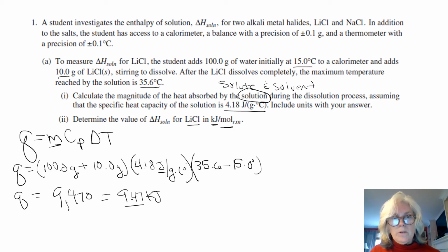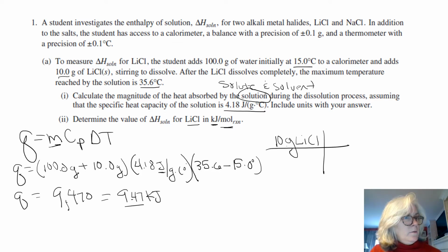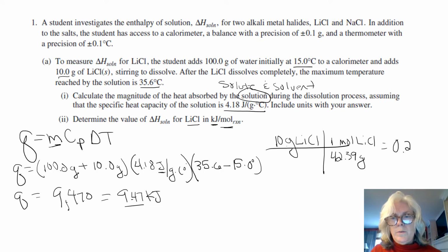To figure out the moles of the reaction, I'm going to take 10 grams of lithium chloride and divide that by my molar mass, which is 42.39 grams per 1 mole of lithium chloride, and I get 0.236 moles.